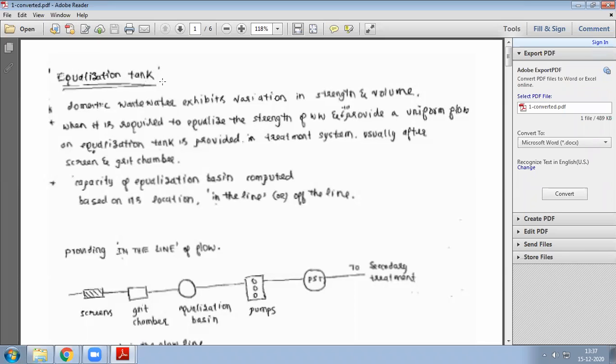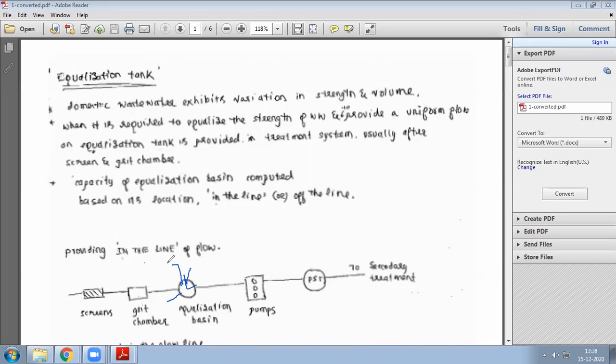So that concept they are going to optimize in industries. They put one equalization basin after the grit chamber. You're seeing here, screens, then the grit chamber comes. After that they put one equalization basin so that any acid or any alkaline coming here.